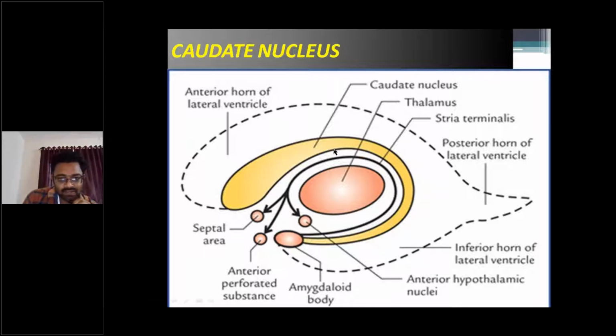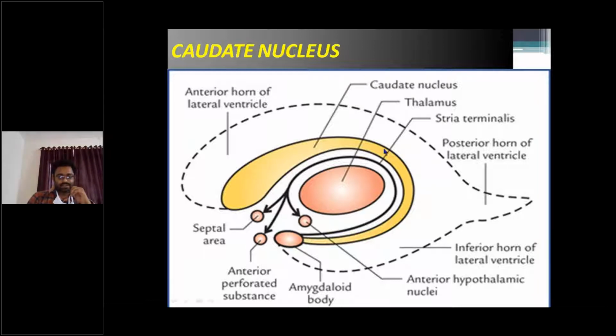In this picture, the yellow color represents the caudate nucleus. The brown color indicates the thalamus, and this is the lateral ventricle. All of you know the lateral ventricle parts are the central part or body, anterior horn, posterior horn, and inferior horn.